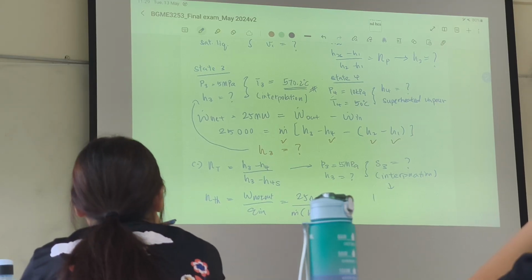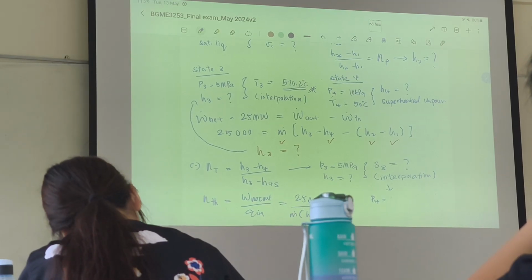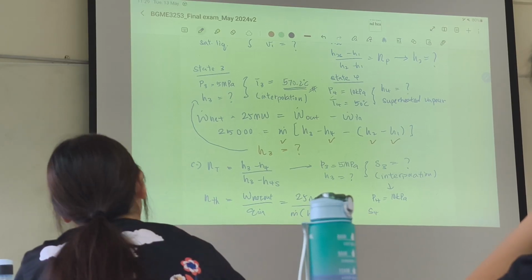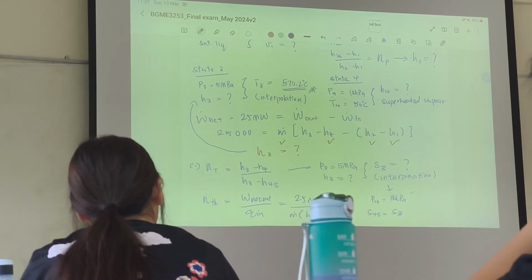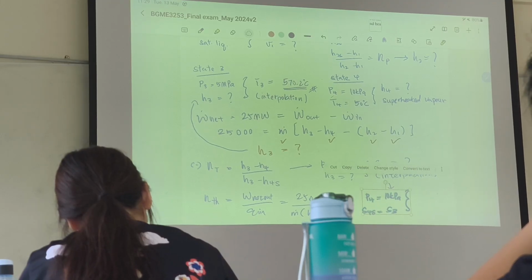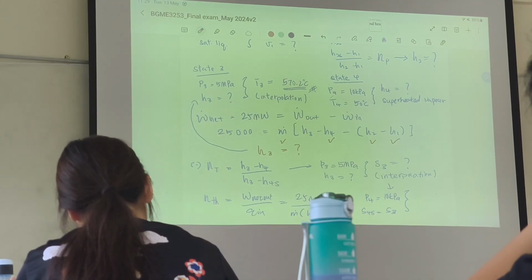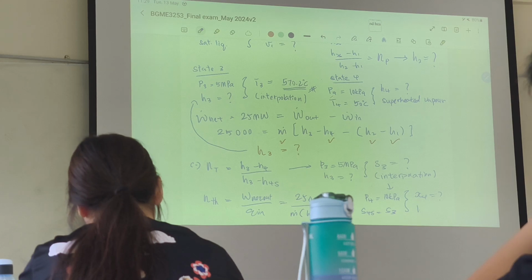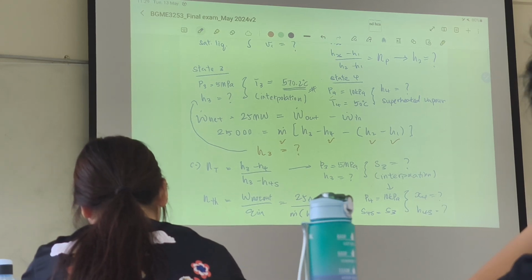And then we say P4 equals 10 kilopascal, S4S equals S3. So from here, business as usual, you find X4, then you can find H4S.